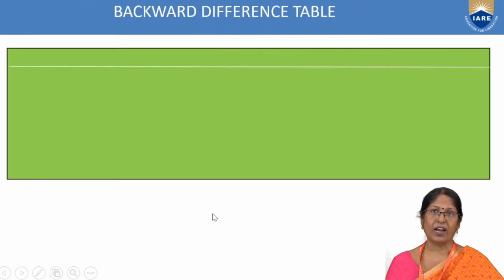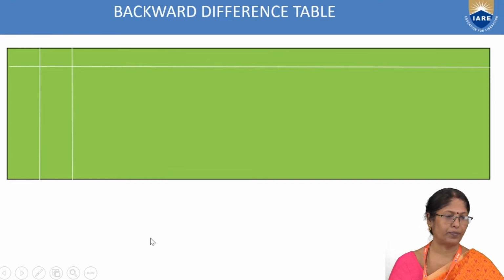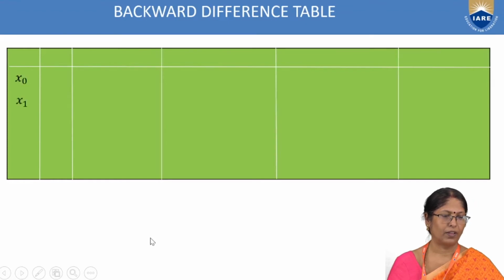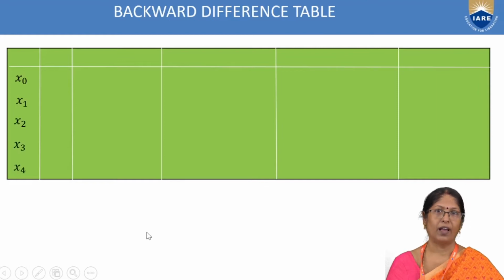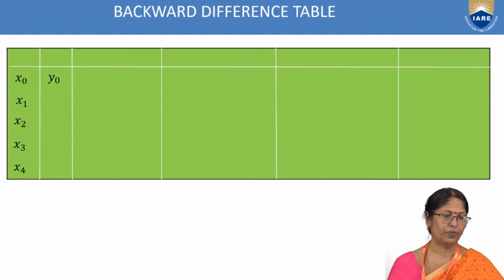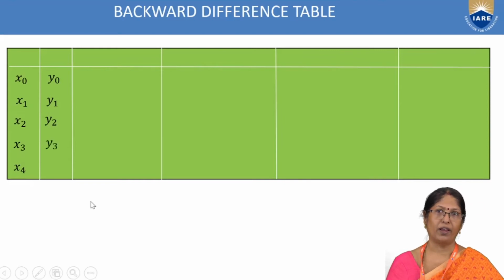Now we will construct the backward difference table. Here we are taking the points x0, x1, x2, x3 and x4, and y0, y1, y2, y3 and y4.